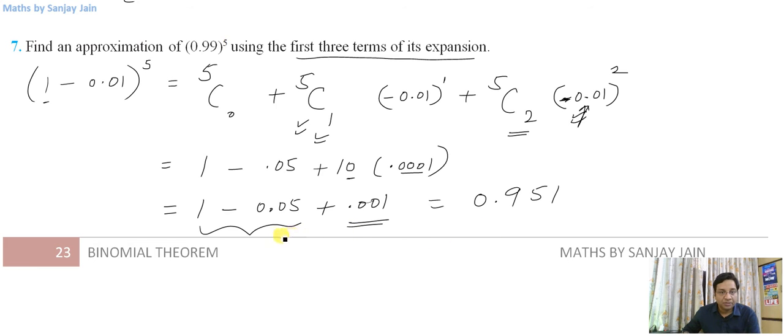I hope I am not missing anything here, right? You can do it like this, 1.00, right? So when I subtract this 0.05, 0.95 will be the solution of these first two terms. If I add this, obviously this will be, yes, this seems correct.